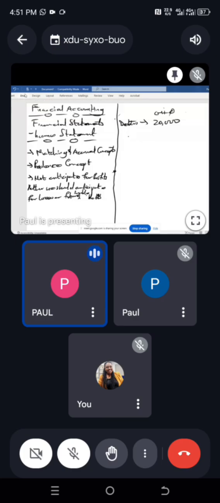You should make provision for his not being able to pay all the 20,000. You anticipate that he might not be creditworthy and might not be able to pay, so bad debts. So you've made a provision, let's say 2,000.